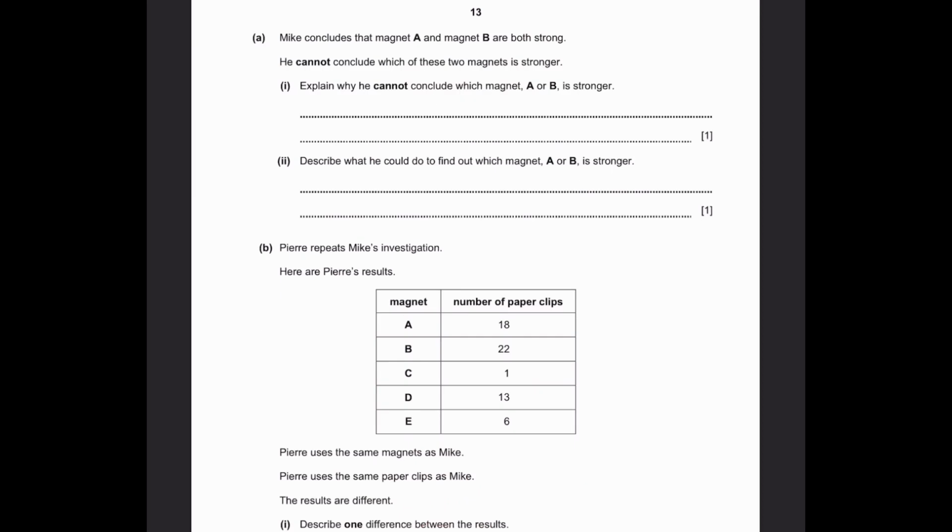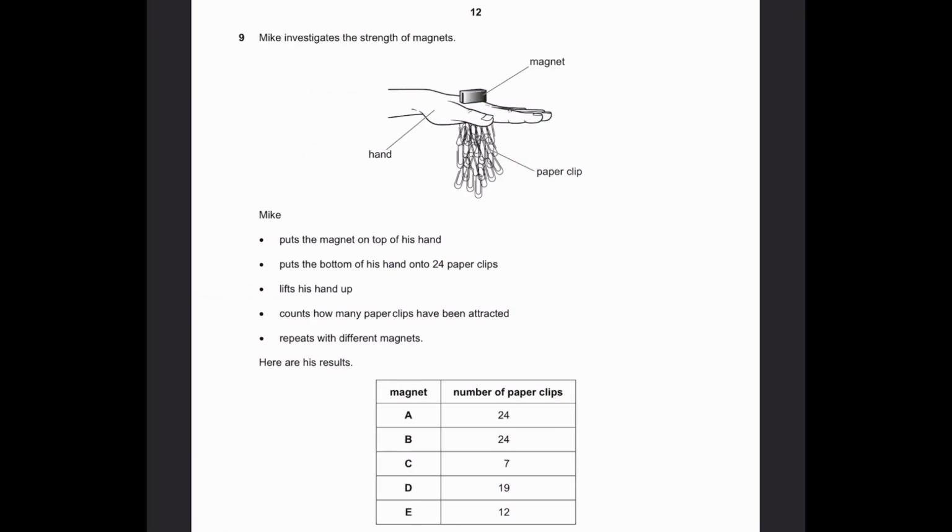A. Mike concludes that magnet A and magnet B are both strong. He cannot conclude which of these two magnets is stronger. 1. Explain why he cannot conclude which magnet, A or B, is stronger. So, we can see in the data given that he puts the bottom of his hand on the 24 paper clips, and magnets A and B both attracted the same 24.